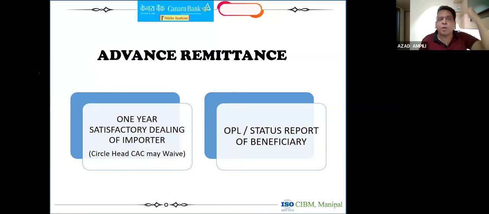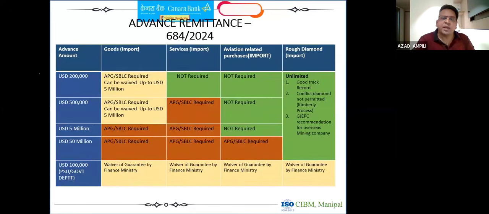But what do we take from the overseas seller now? On him, his opinion letter, a status letter on the beneficiary also. Here beneficiary means overseas supplier. Yes, this is the table, 684/2024. Some 5-6 pages I brought onto one screen here.